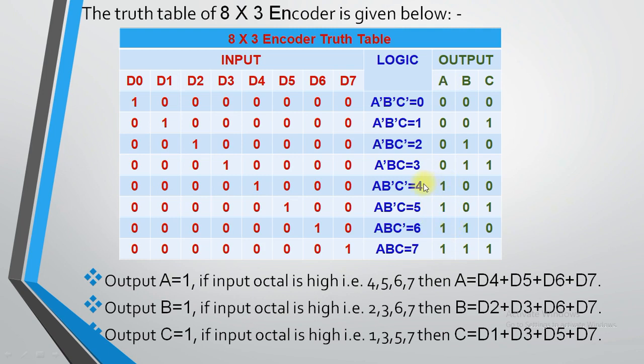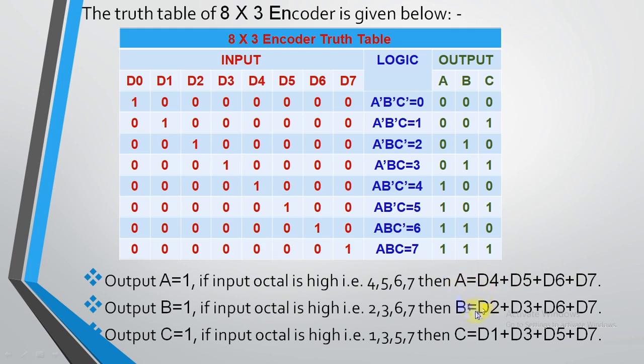So which variables are those? D4, D5, D6 and D7. So you need to perform the addition D4 plus D5 plus D6 plus D7 equals to output line A.